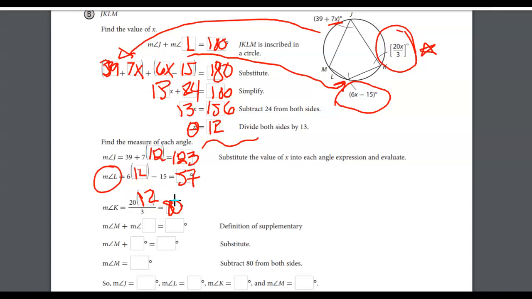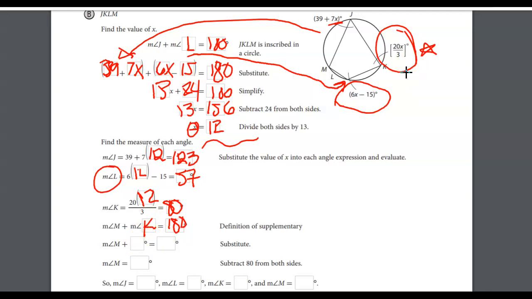We'll go through all of them. Let's look at measurement M right here. If I want to find out what measurement M was, I know that this guy and this guy add up to 180. Measurement M plus measurement K, and we already found out what K was worth.